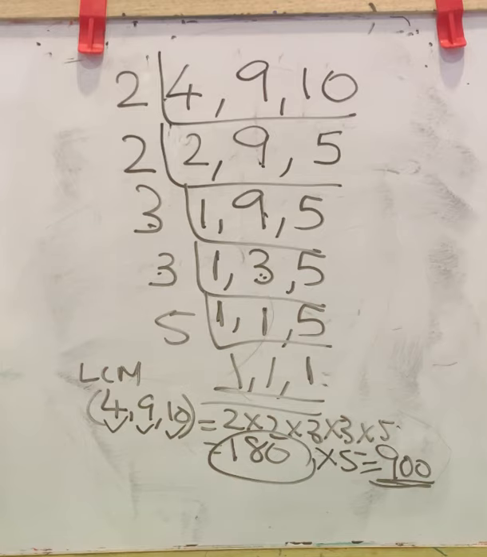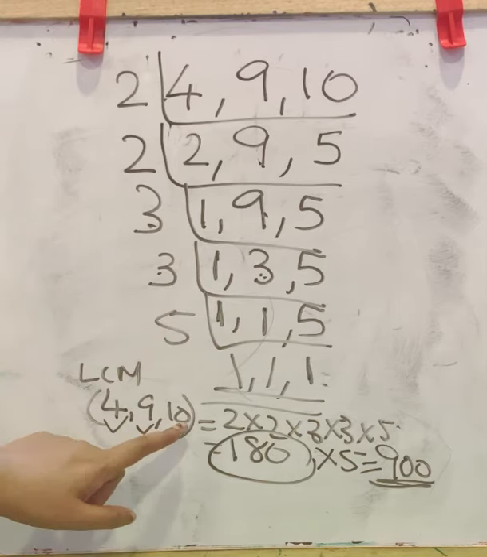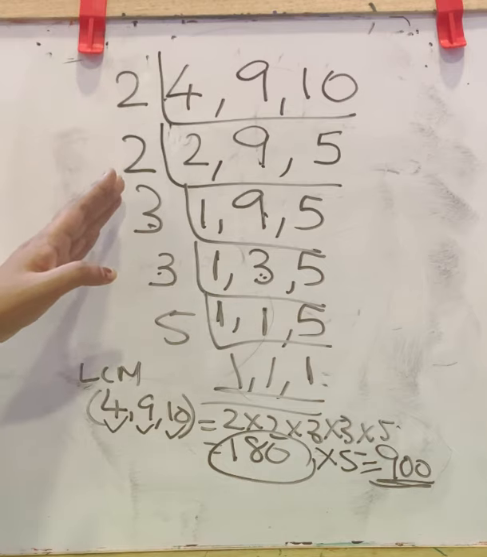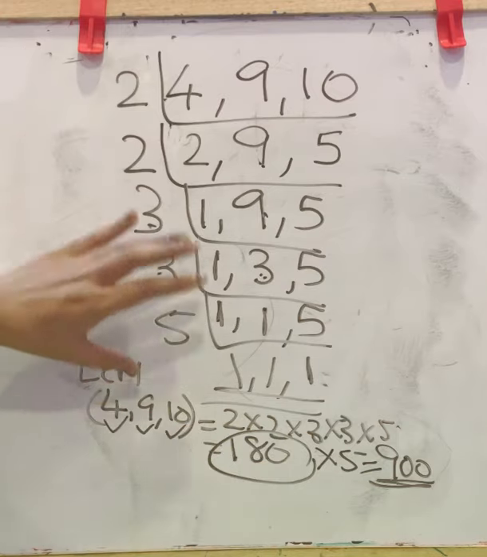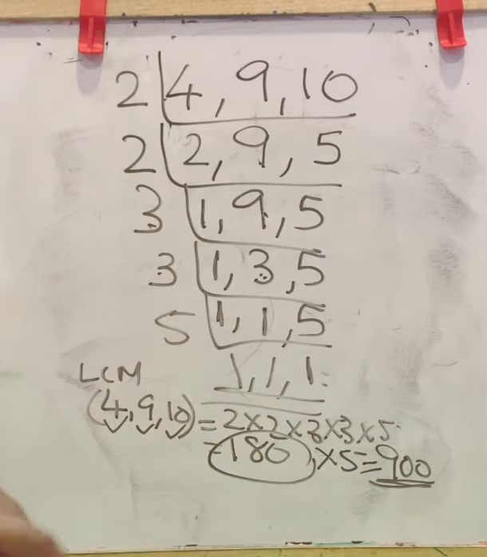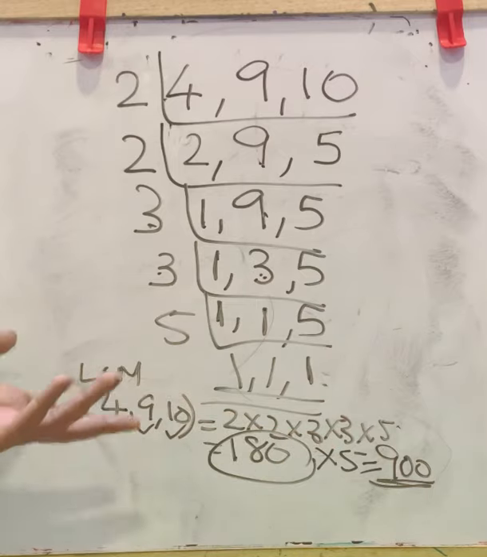So how will you do this type of question? If you are asked to find the smallest square number that is divisible by 4, 9 and 10, then first you have to find the LCM by the common prime factorization method. But finding LCM means you have to multiply each and every prime factor. Don't pair it. After finding LCM, that is the product of prime factors, then check. And here 5 has no pair.